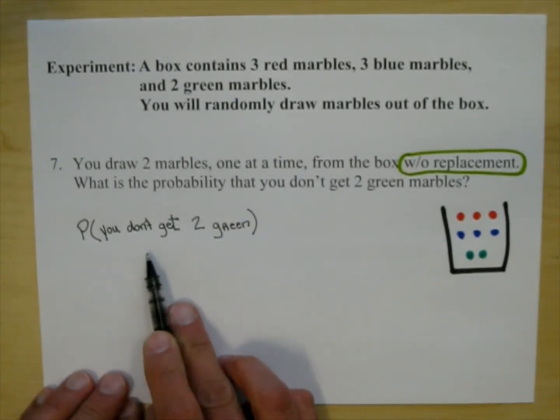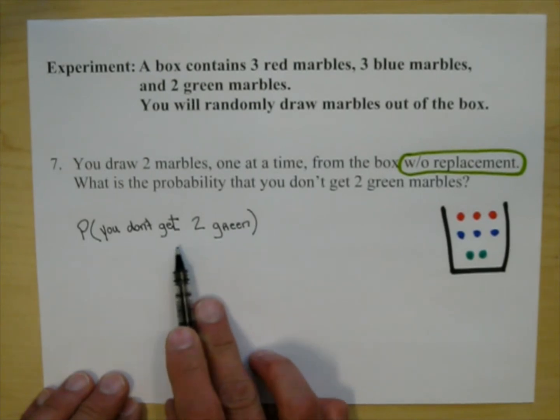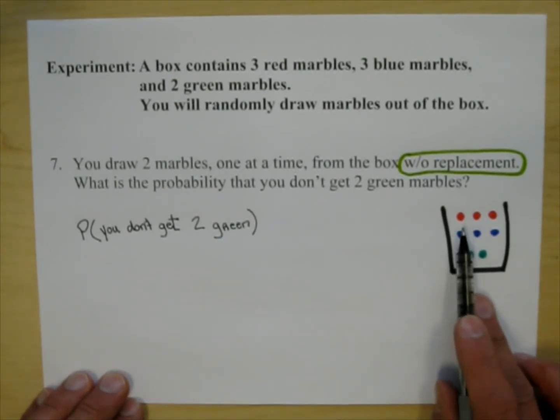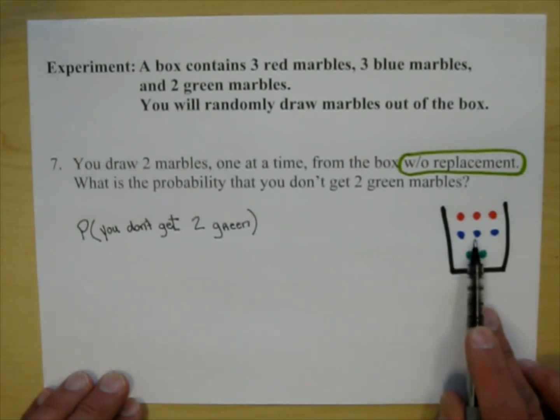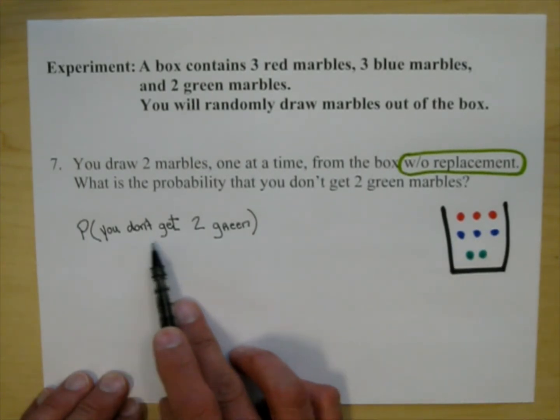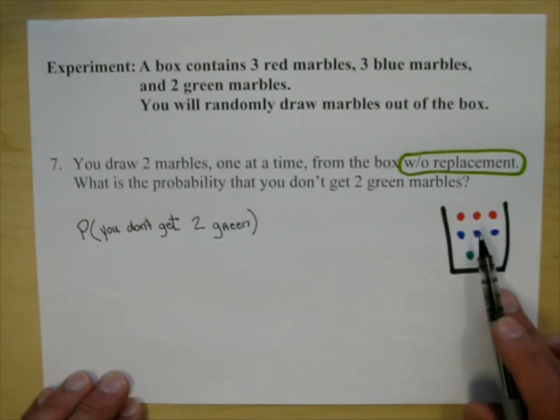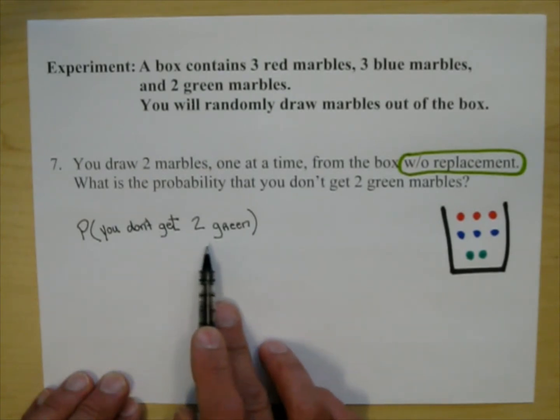Okay, once again, a very tough problem, because you don't get 2 green means you can get like a red and a red, or a red and a blue, or a blue and a red, but it also includes you can get a green and a blue, or you can get a red and a green, or a blue and a green. So there's lots of cases to cover with this.